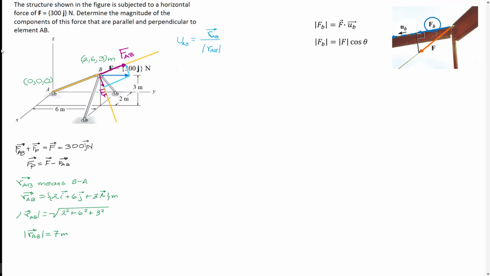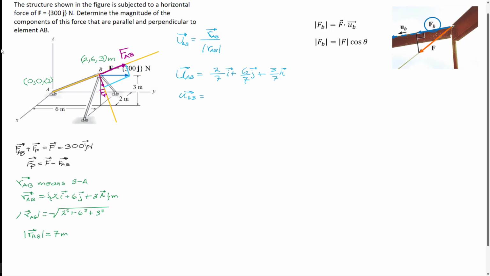So my unit vector AB is equal to 2 over 7 i plus 6 over 7 j plus 3 over 7 k.